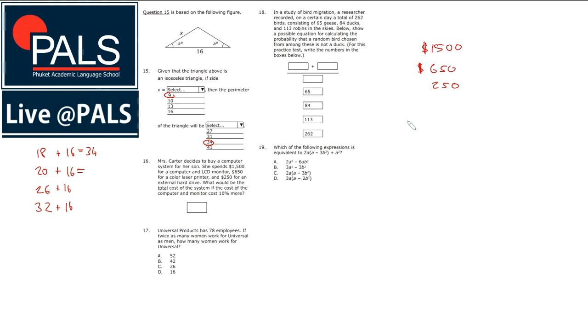What would be the total cost of the system if the cost of the computer and monitor cost 10% more?